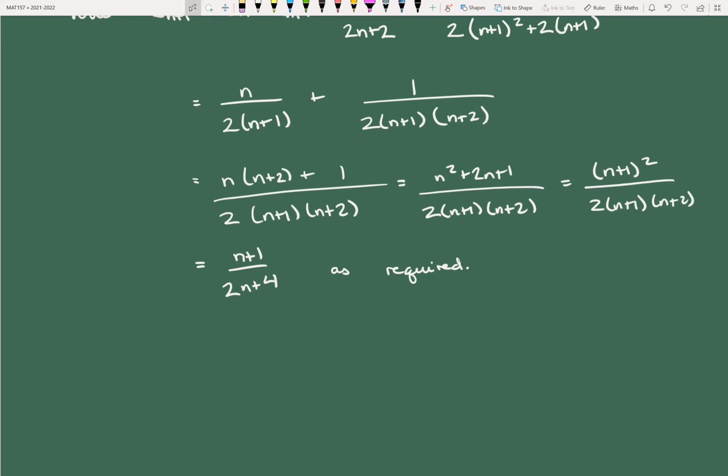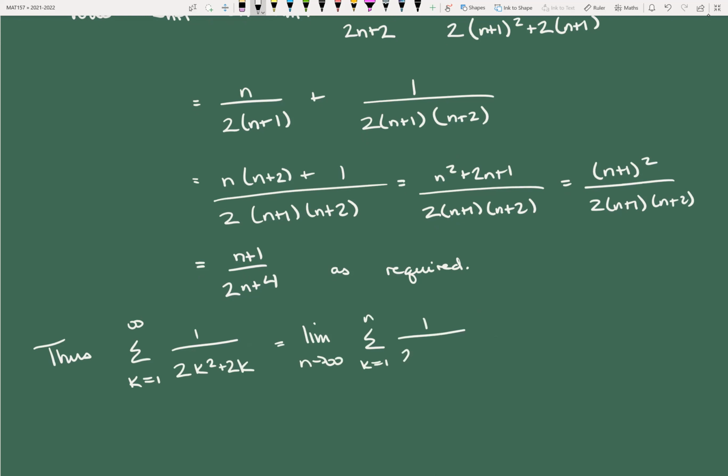Now we can see, hopefully this thing is actually going to converge, because we're going to get the sum from k equals 1 to infinity, 1 over 2, almost wrote n. This is going to be the limit as n goes to infinity, k equals 1 to n. Okay, we found an expression for this, right?